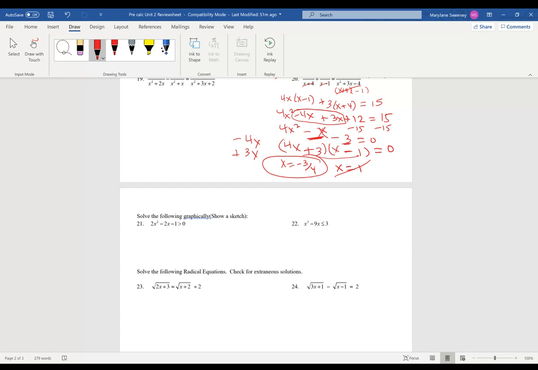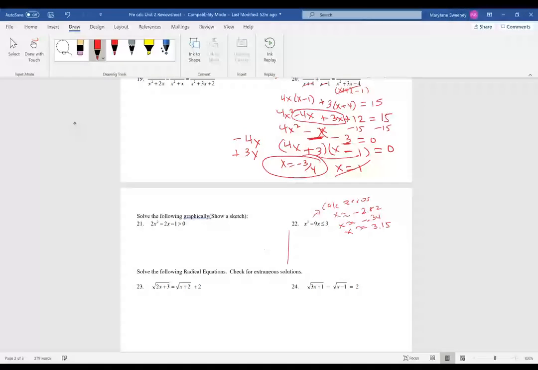Next one, you would have to graph. You'd have to calculate zeros, which should be approximately negative 2.82, negative 0.34, and 3.15.